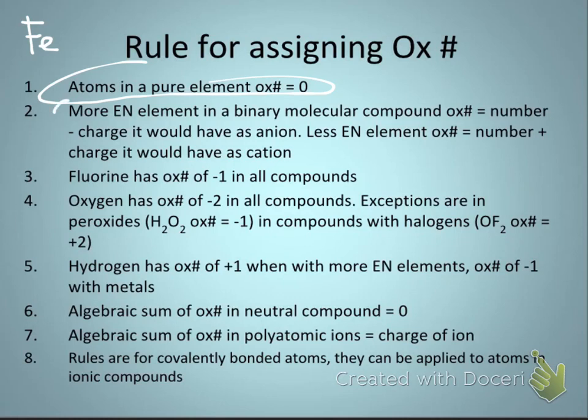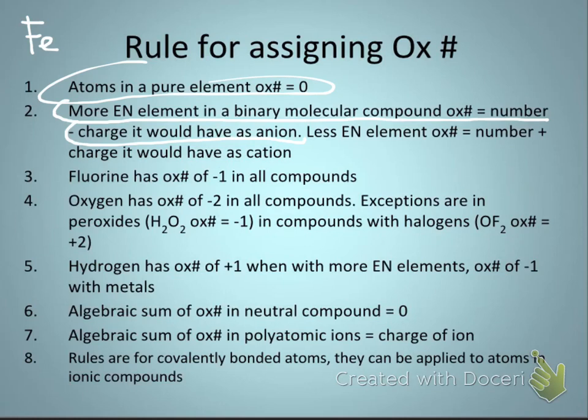The thing that is more electronegative gets the charge that it would have as an anion. So in other words, the thing that would take on additional electrons gets that as an oxidation number. So fluorine, when it's bonded to something, what charge does fluorine take on when it does form an ion? -1, yeah, 1-.